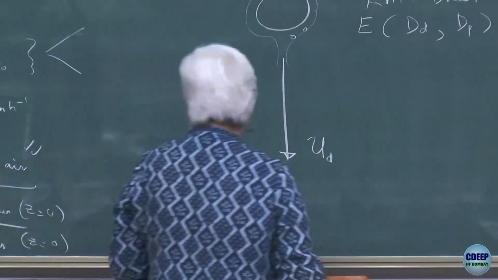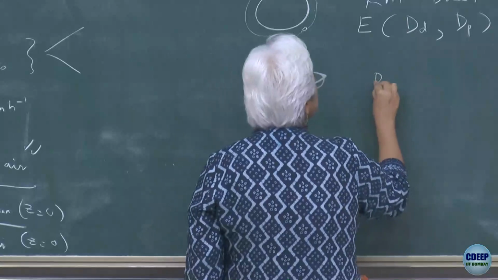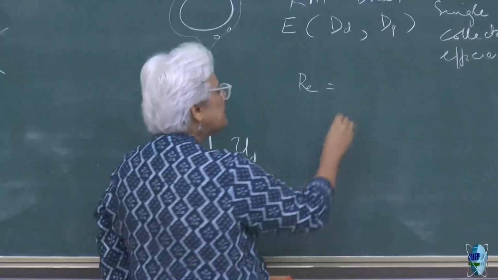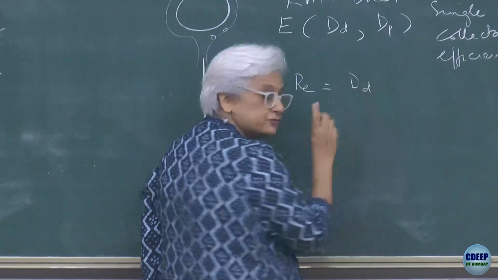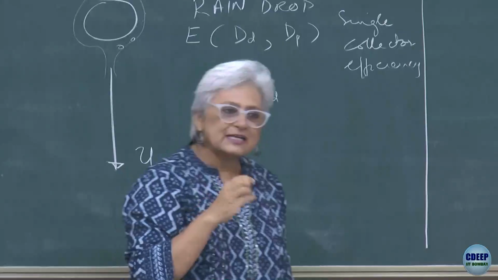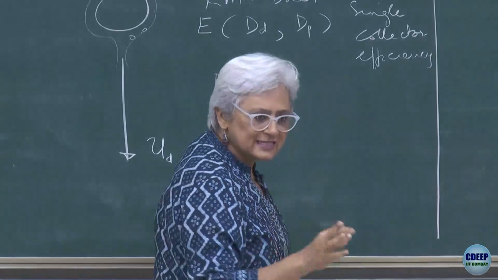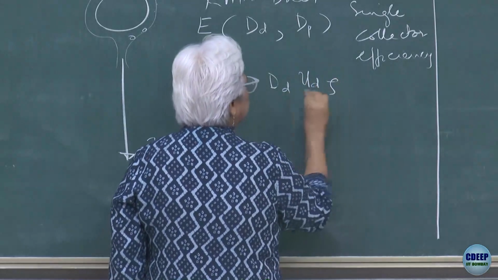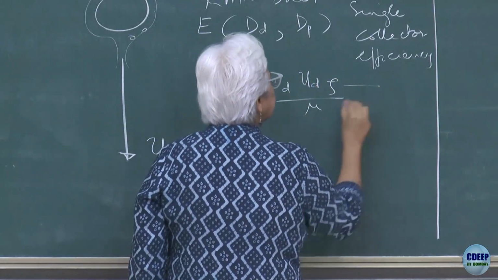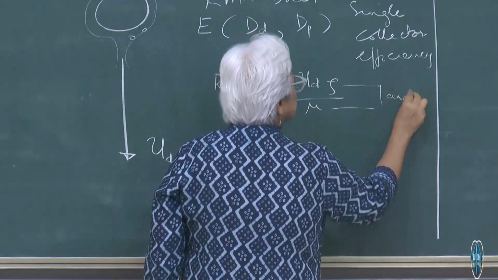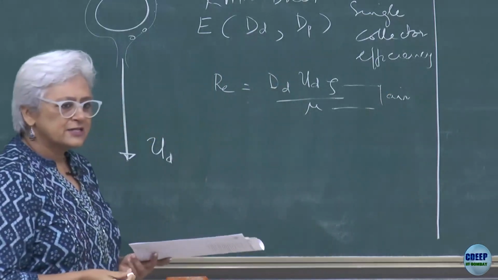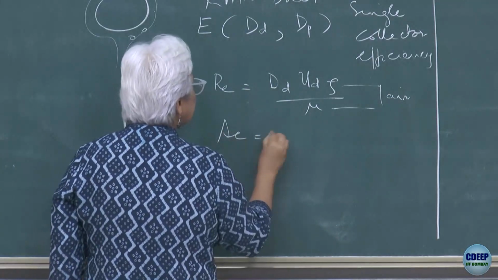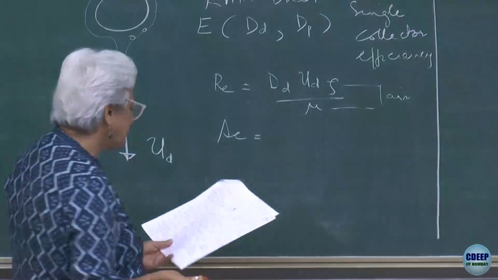Let's just go ahead and put all our usual similitude considerations here. Our Reynolds number is going to be in terms of the drop diameter, because the collector is the one that is disturbing the flow, right. And then you will have rho and mu, which are in any case air properties as usual, right. So we have our Reynolds number, we will have a Schmidt number, but what is our Schmidt number going to be?